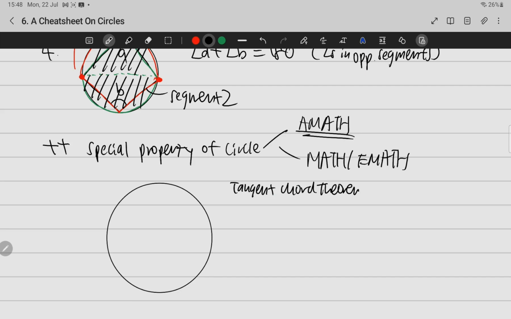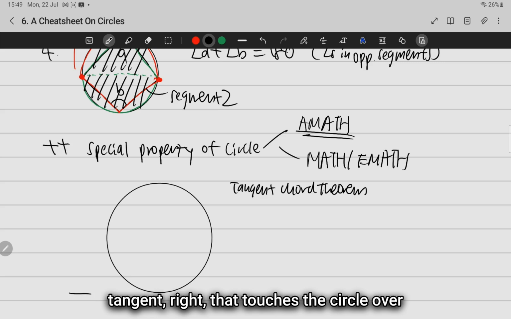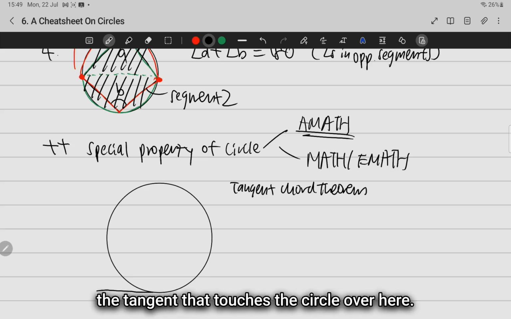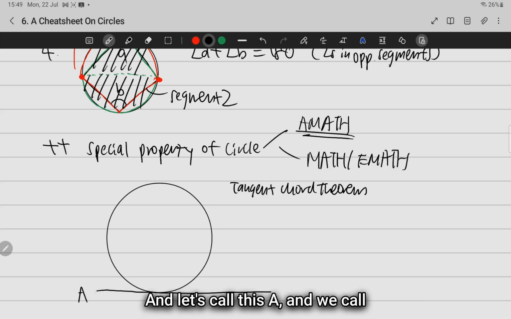And the tangent chord theorem states that as long as you have a tangent that touches the circle over here, assuming that this is the tangent that touches the circle over here, and let's call this A, B, and we call this point of intersection C. And this point of intersection touches this chord over here, CD.